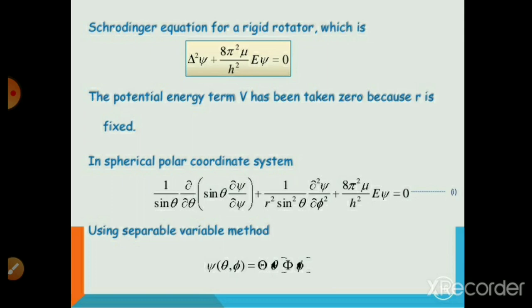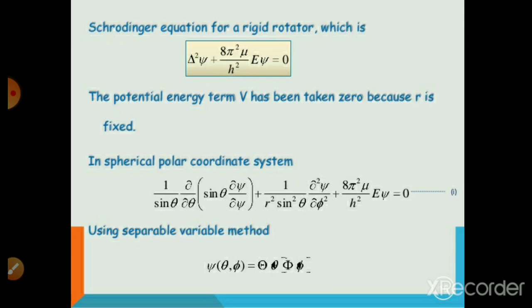In a spherical polar coordinate system, the Schrodinger equation will be 1 by sin theta del by del theta of sin theta del psi by del theta, plus 1 by r square sin square theta del square psi by del phi square, plus 8 pi square mu by h square E psi is equal to 0.